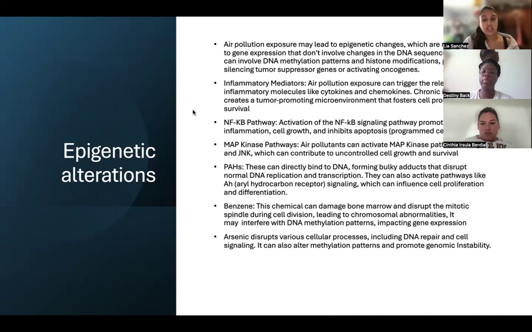This is a chemical that can change bone marrow and disrupt the mitotic spindle during cell division, leading to chromosomal abnormalities. It may interfere with DNA methylation patterns, which impacts gene expression. Arsenic. Arsenic disrupts various cellular processes, including DNA repair and cell signaling. It can also alter methylation patterns and promote genomic instability.